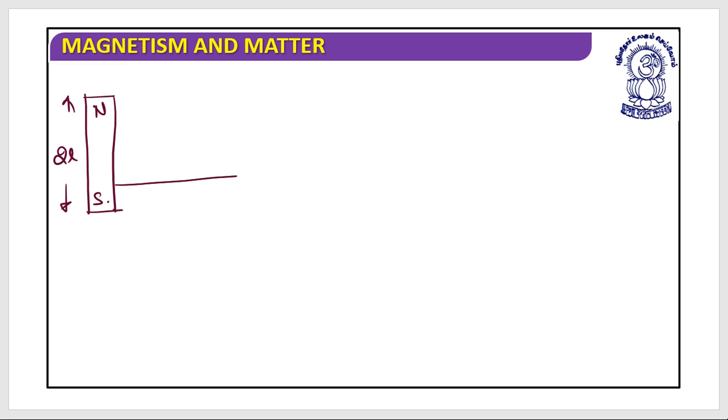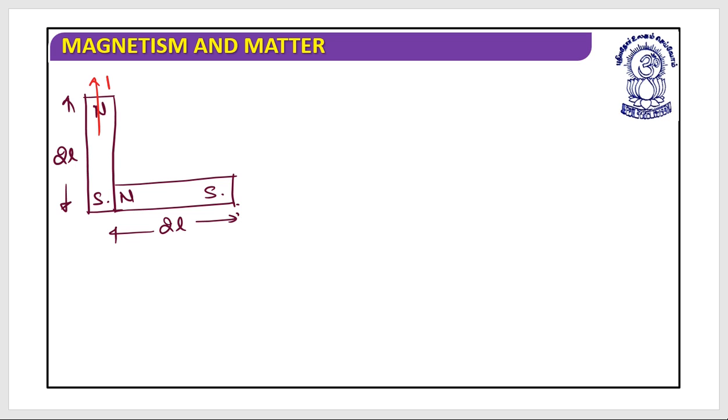In this situation another magnet is there, with this as the north pole and this as the south pole, again of length 2L. And we have been asked to find out the magnetic moment.